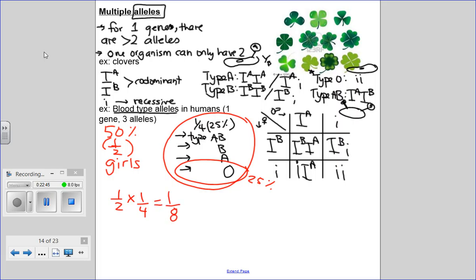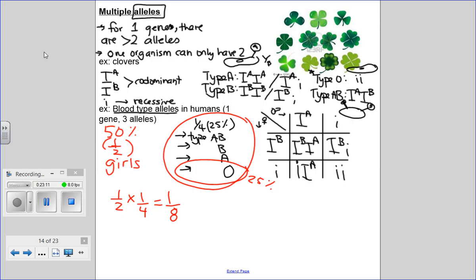That gives me 1 out of 8. It would be likely for at least one question on a test to ask you both of these things. Ask you to do a cross, you'd get a percentage, and then the question would ask you, now what's the chances of that and it being a girl or a boy?